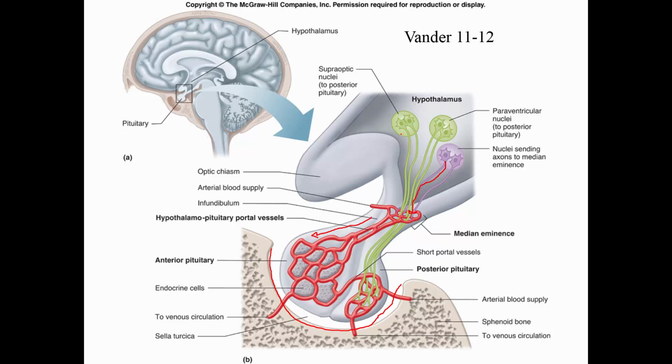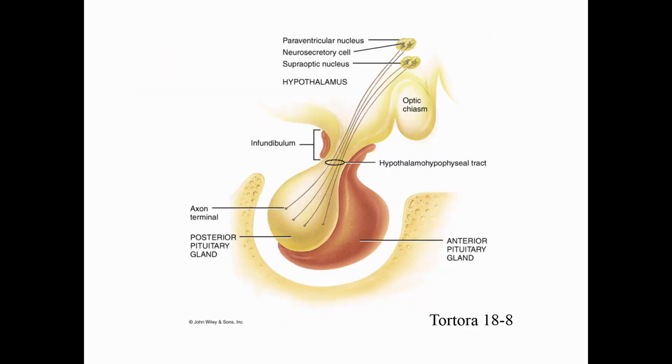There are some longer neurons that release their hormones. That axon is going to project all the way through the pituitary stalk, synapse on a capillary bed in the posterior pituitary, and recall this is ADH and oxytocin that are released in this manner.